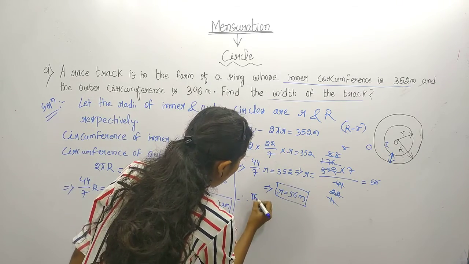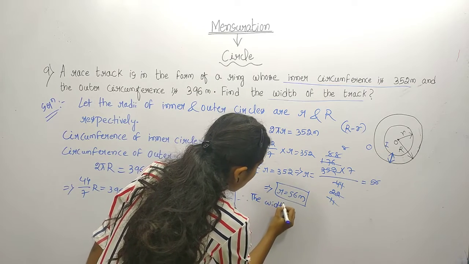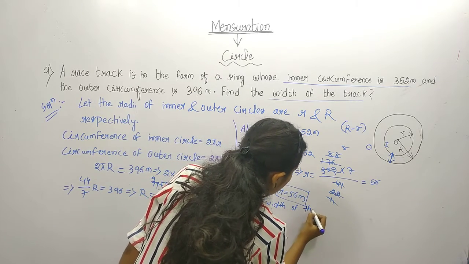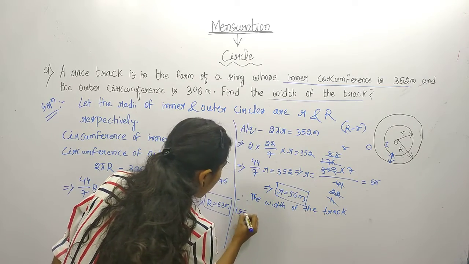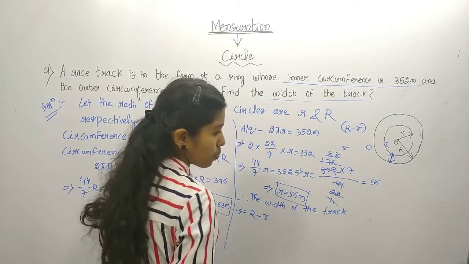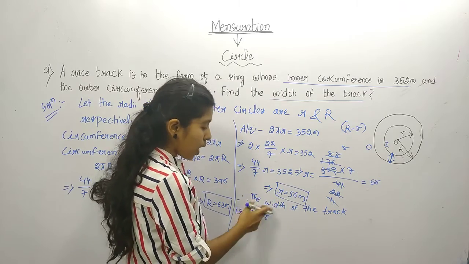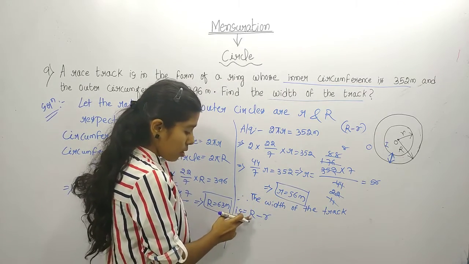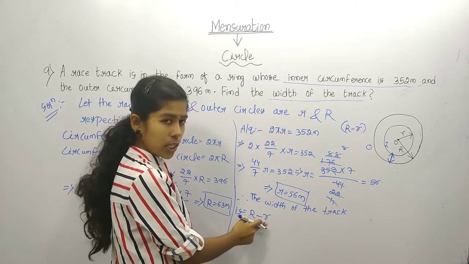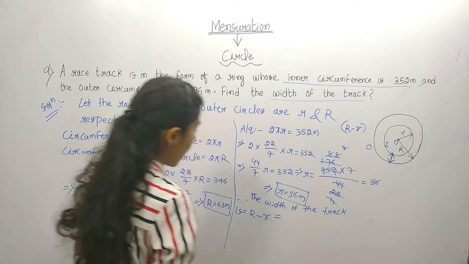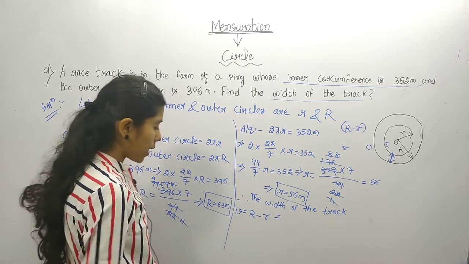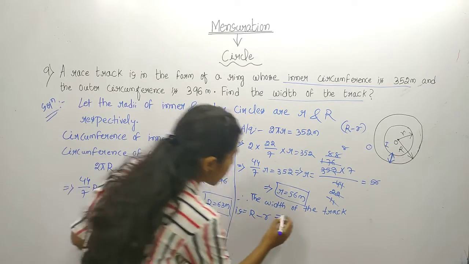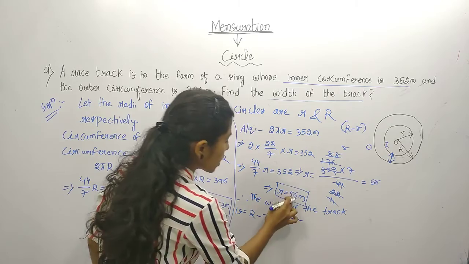The width of the track equals capital R minus small r. The formula for finding the width is capital R minus small r, or you can say external radius minus internal radius. So capital R is 63 minus small r is 56.